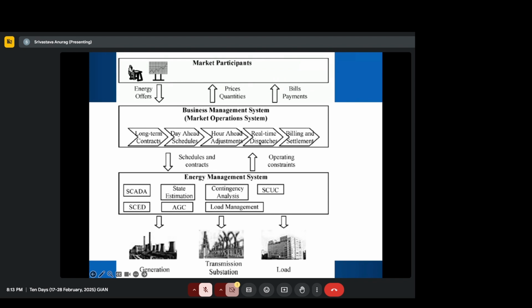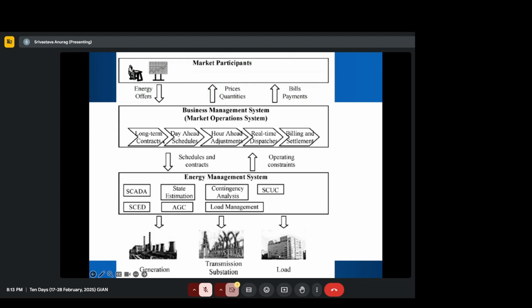But what we told the generation to do to meet all the load may not be the same as what is needed, because some load has changed, some contingency has happened, some load has increased, some line went out. So the real time dispatch which happened may not be the same as what we told for hour ahead or minutes ahead. And that's why billing will be slightly different than what was planned.